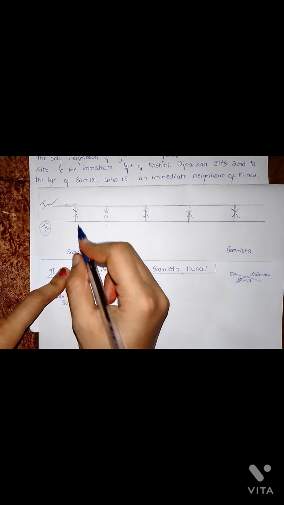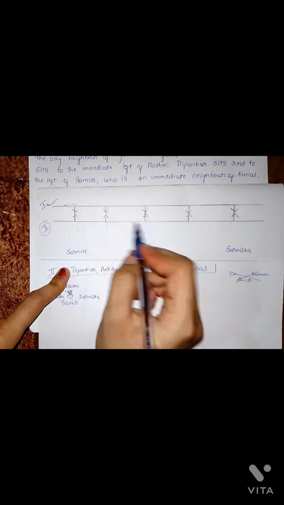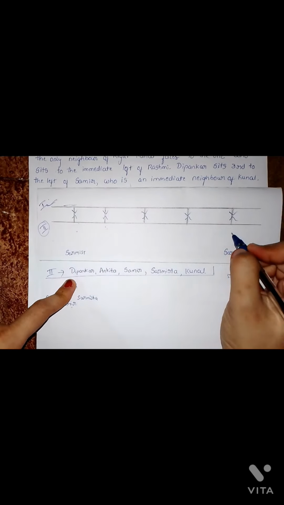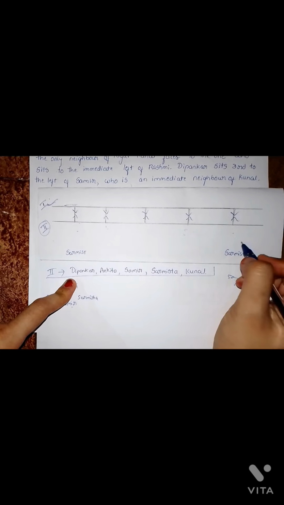That's why we have to represent it like this, because if Sharmishta comes here, Samir is the only neighbor and no other person is here. In the same way, if Sharmishta comes here, Samir is the only neighbor and no other person is the neighbor of Sharmishta. That is the meaning of this.